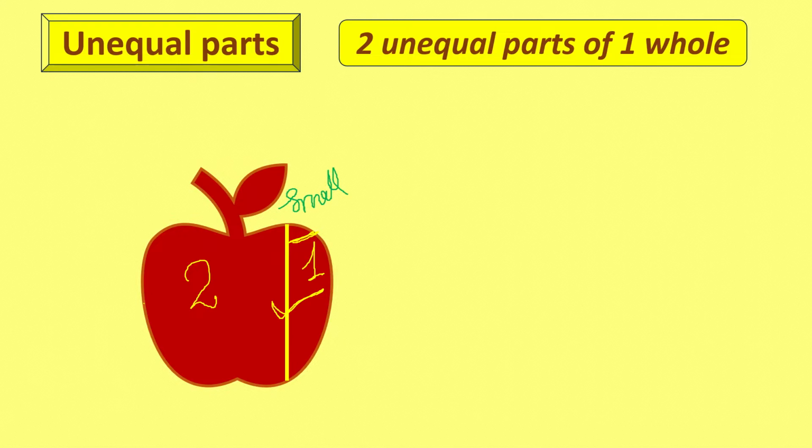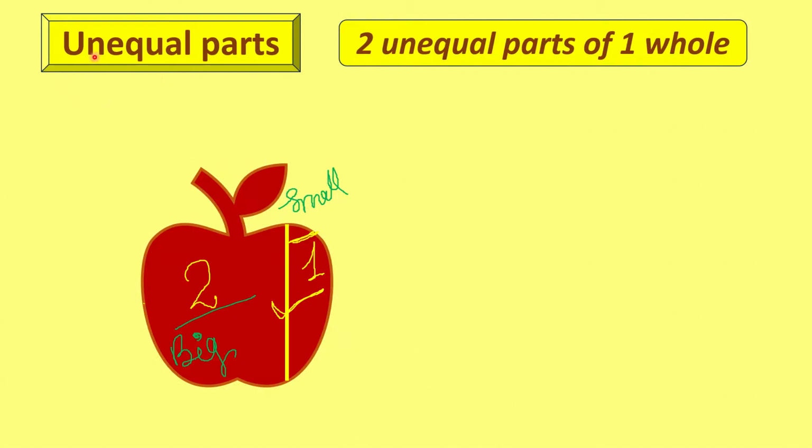And the other part looks big. That looks bigger than the first part. So that means bacha it's not equal.